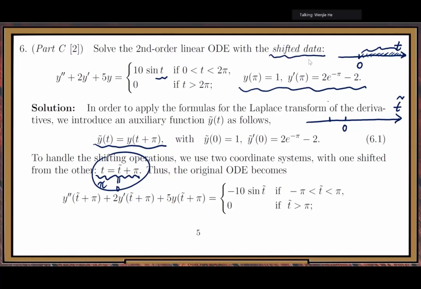here, let me draw the coordinate systems in parallel, so we can compare. This is the t coordinate system. 0 is here. This point is pi. Then 2 pi, then pi here, negative pi here.